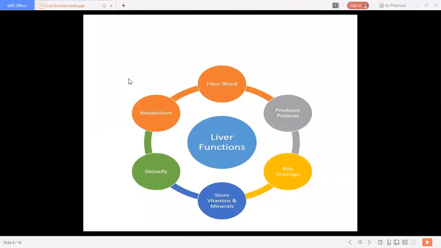So high levels of globulin in the serum are indicative of various liver diseases like cirrhosis and hepatitis, and also of leukemias, bone marrow diseases, kidney diseases, and rheumatoid arthritis. In these conditions the levels of globulin are high.